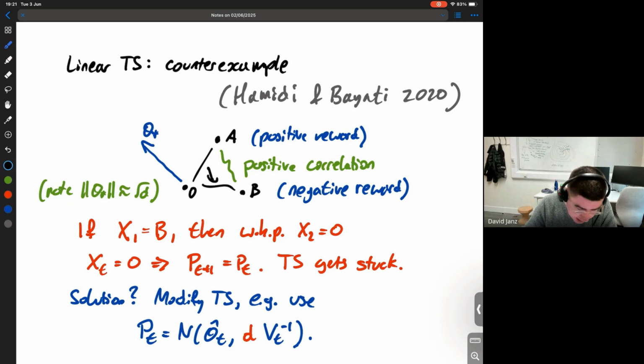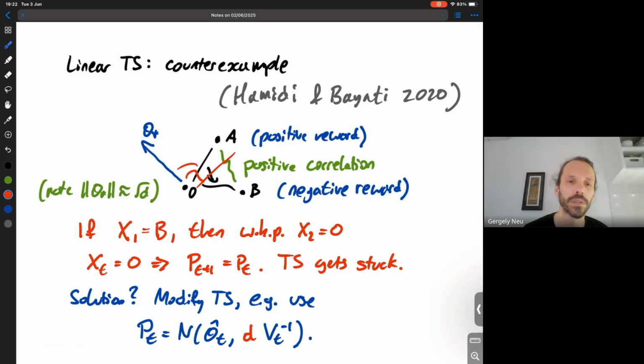Specifically, it's chosen so that the angle to theta star here is 90 degrees. So you have a positive correlation, small angle between theta star and A, large angle between theta star and B, and small angle between A and B. Okay, right. Gotcha. Makes sense.